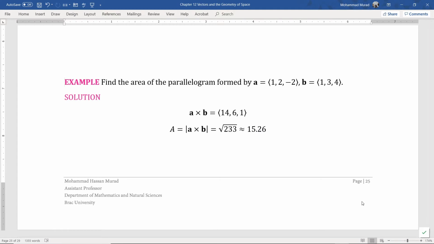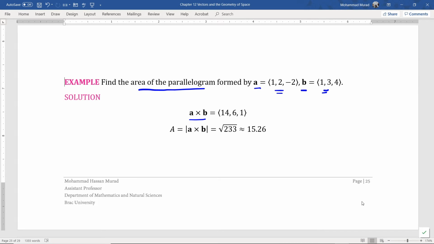Let's have a look at an example. We need to find the area of the parallelogram formed by the vectors A and B with components as shown. By the previous formula, we just need to calculate the length of the vector A cross B. We first need to calculate the cross product of A and B, which is a vector with components 14, 6, and 1.